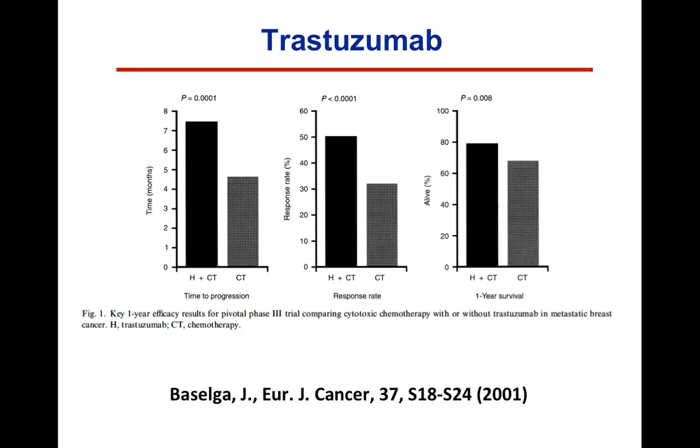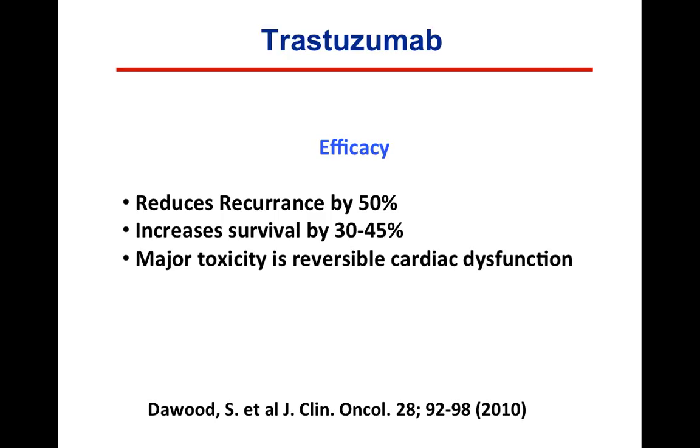So clearly trastuzumab has a good effect, and it's been quite successful against metastatic breast cancer, in the sense that this is a really hard cancer to treat. It has reduced recurrence by 50% for patients who have been treated successfully, and has increased survival rates by 30 to 45%.